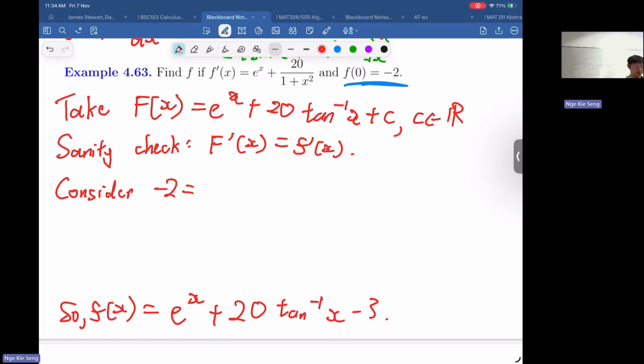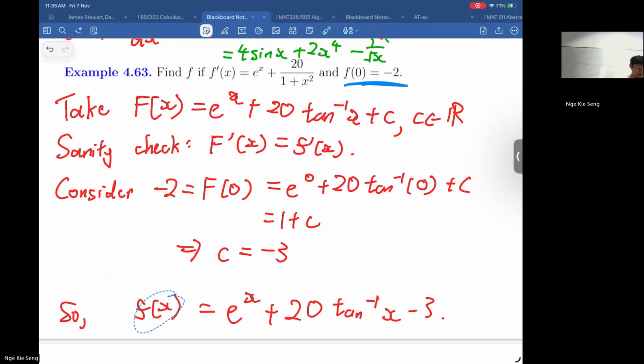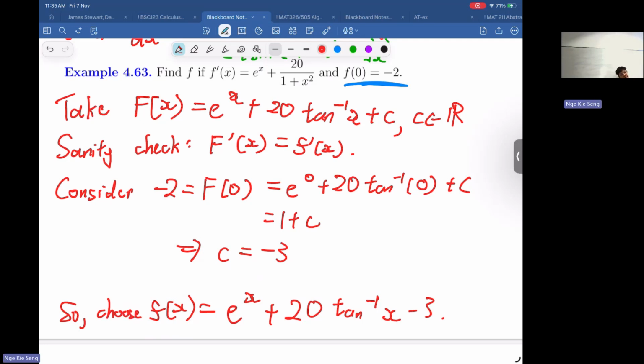Minus 2 is equal to this F(0), which is e to the 0 plus 20 tangent inverse 0 plus C. Then you get 1 plus C, which implies that C is minus 3. So we choose little f(x) to be e to the x plus 20 tangent inverse x minus 3. Okay, does it make sense?